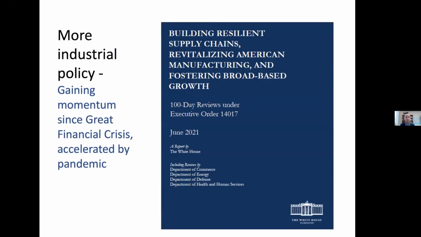Whereas more recently, from June of this year, we see a document prepared as part of the Biden administration's executive order, building resilient supply chains, revitalizing American manufacturing, and fostering broad-based growth, which reflects quite a bit of the neoliberal approach from the previous slide, the 6-point call to action.